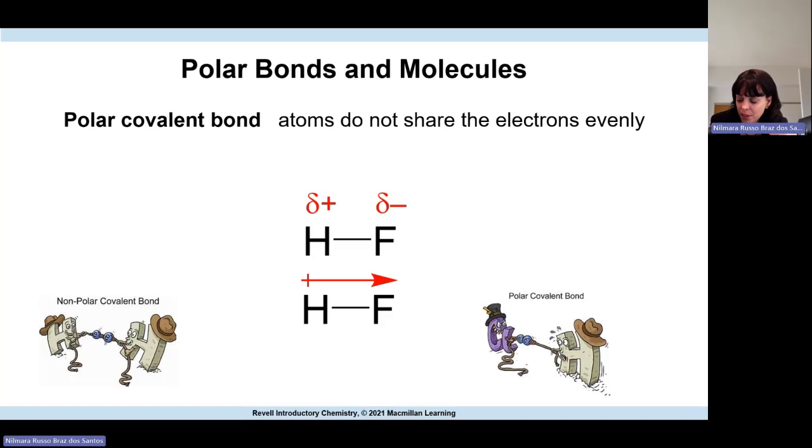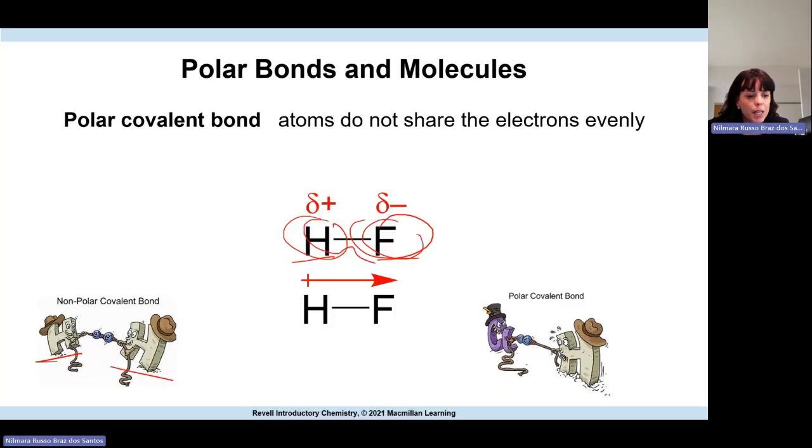So if you have two equal atoms, we're going to have a non-polar bond, like here, hydrogen and hydrogen. But if you have different atoms, we're going to have different electronegativity. So if fluorine is more electronegative than hydrogen, it will attract the electrons to its side.